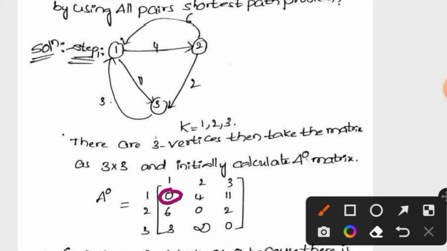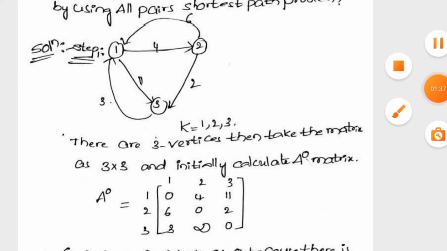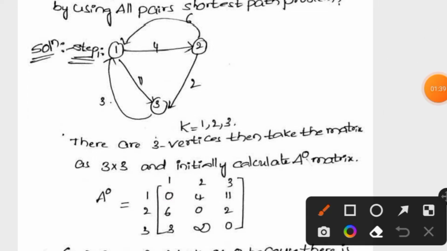Here, first we see A power 0 of 1 to 1. From the graph, is there a 1 to 1 edge? No, here a self edge is not there. So we have to take 0. And 1 to 2: there is one edge, and the value is 4. Next 1 to 3.